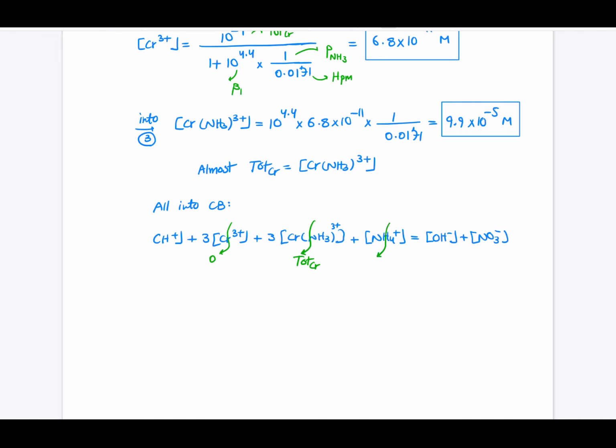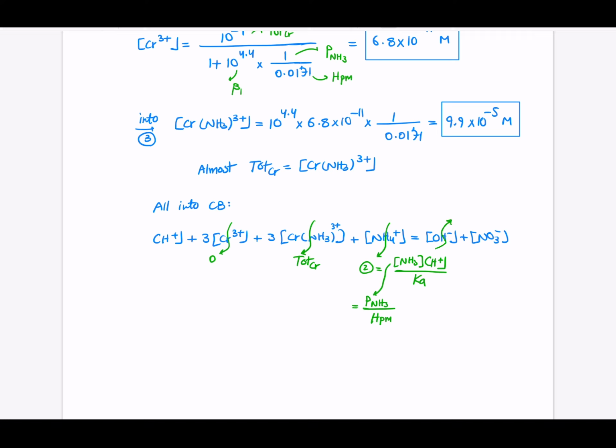This is basically based on equation 2. We know it's ammonia times H plus divided by Ka. And we know this ammonia term is equal to P of ammonia divided by HPM. So we convert this term into a pH or H plus term.